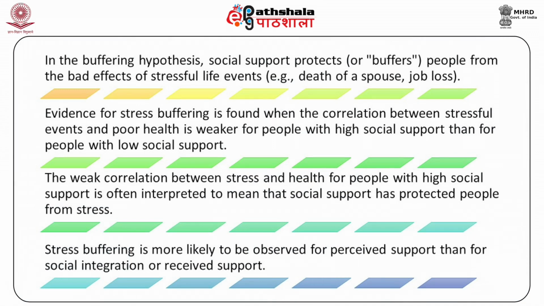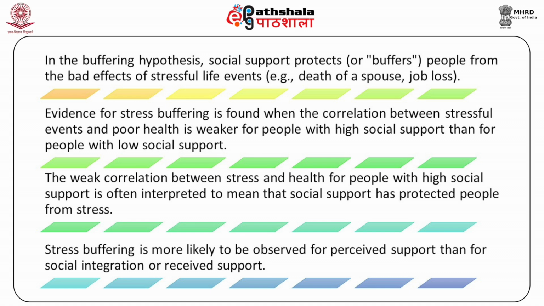In the buffering hypothesis, social support protects, or let's use the word buffers, people from the bad effects of stressful life events, like for example, death of a spouse or loss of a job. Evidence for stress buffering is found when the correlation between stressful events and poor health is weaker for people with high social support than for people with low social support.